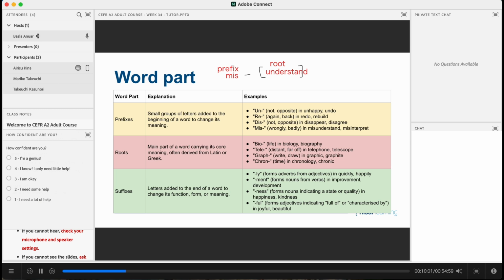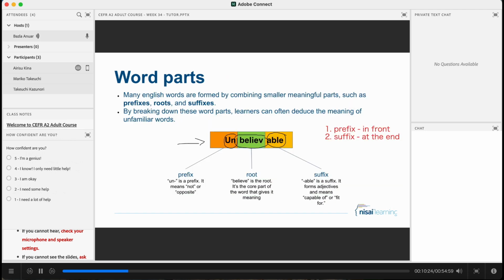Hi there, Irisu. Are you doing okay? So we are just looking at prefix, suffix, and roots. For Mariko and Kazu, let me just go back a little while to explain again to Irisu, if that is okay. All right, thank you so much. I appreciate it. Okay, wonderful. Irisu, can you hear me?